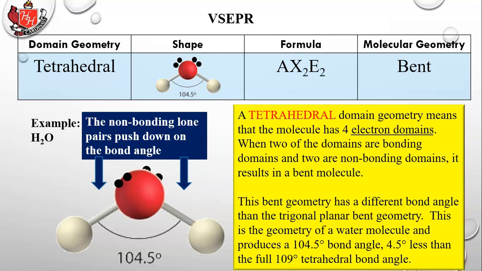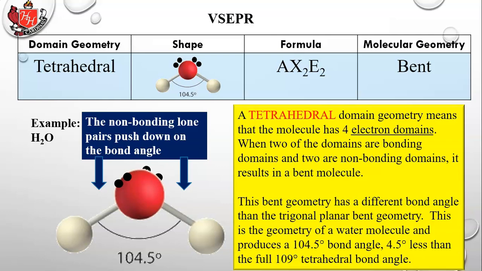This is the geometry of a water molecule, and it produces, and this is a very well-known number when you study chemistry, a 104.5 degree bond angle. That's 4.5 degrees less than the full 109 degree tetrahedral bond angle when we had the CH4 where all were bonding domains. So the non-bonding lone pair pushes down on the bond angles down below.